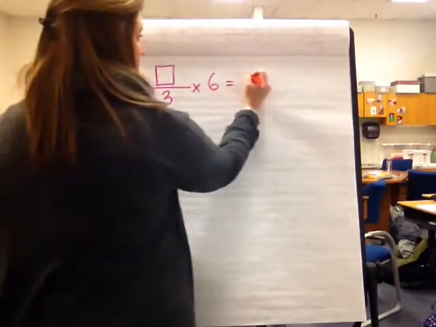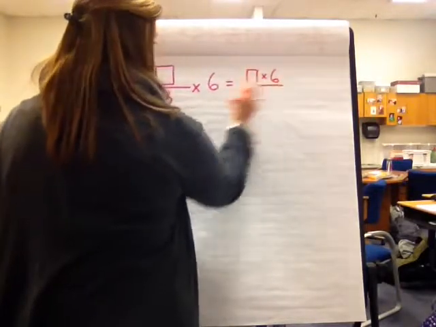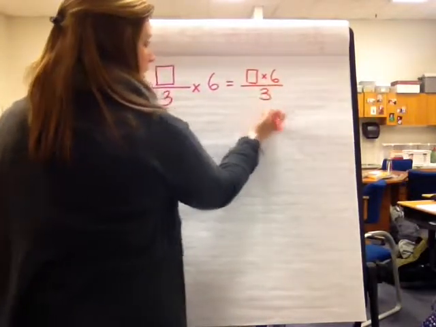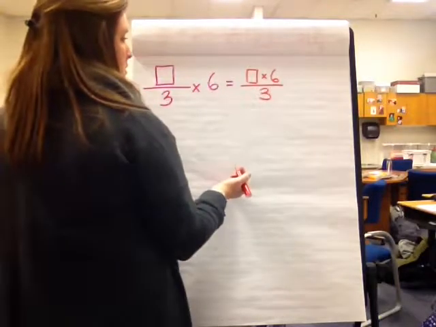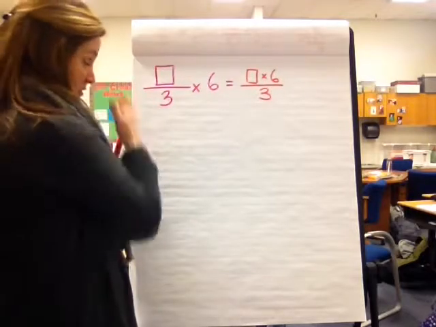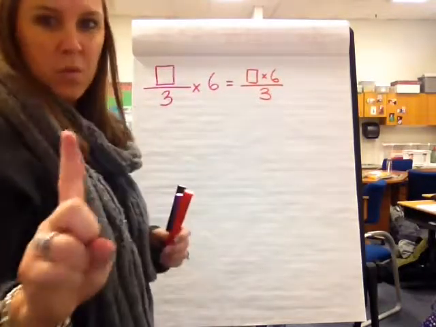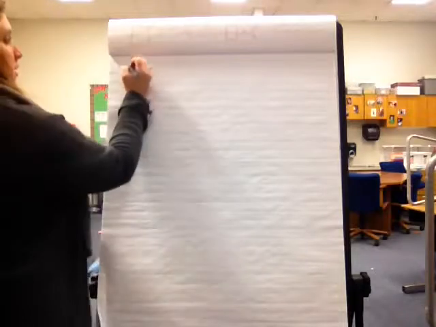This is, guys, the same thing as saying block times 6 over my denominator, which is 3. Okay? Oh, hang on a second. Oh, we're going to mark that off. I'm going to try to see if I can delete that part. Okay, so the last problem I gave you, I wrote incorrectly, so let's write the correct way.